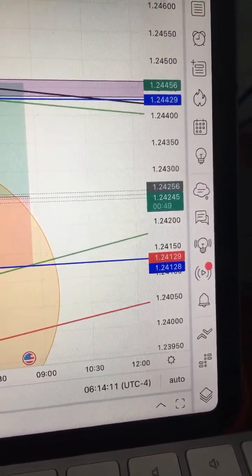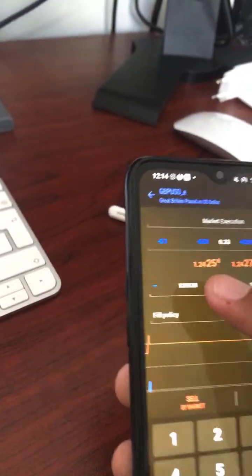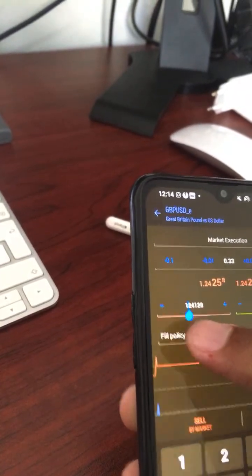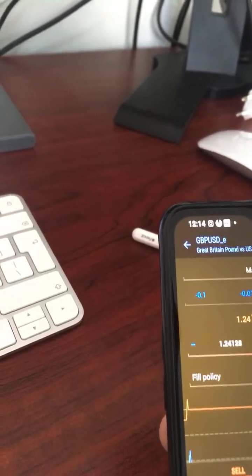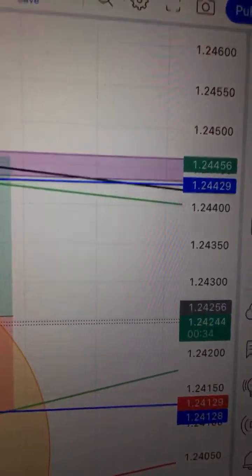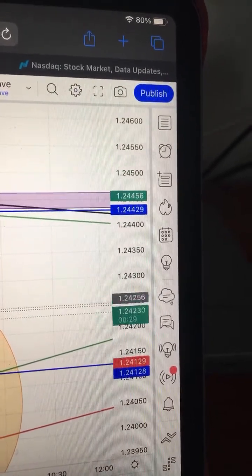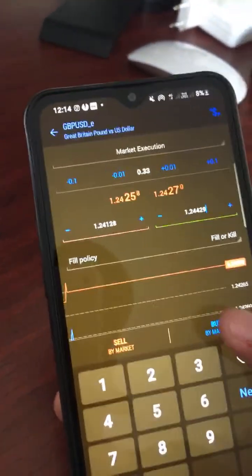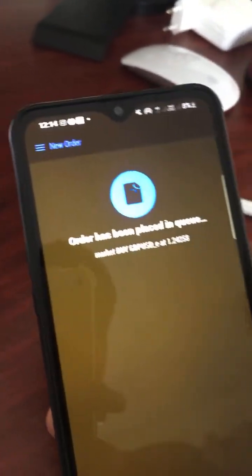That is my stop loss, and my take profit is 1.24492. It is my take profit, I mean, and Gbpusd, right, buy.